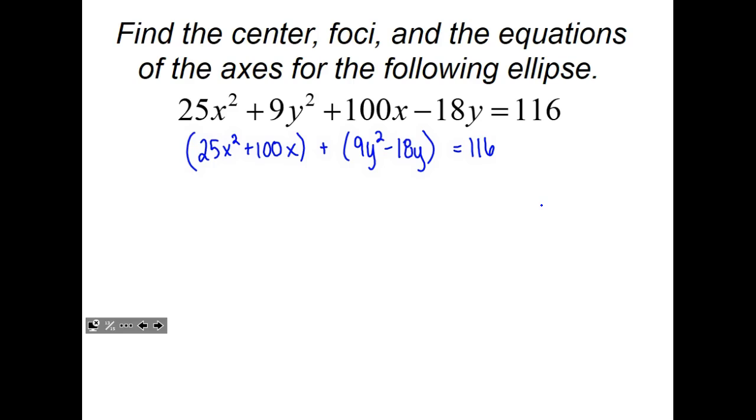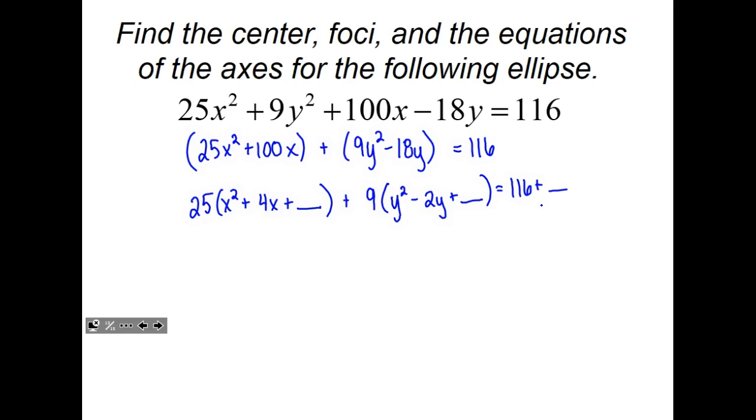So here, I'm going to factor out a 25. I'll have x squared plus 4x plus blank, plus here I'll factor out a 9, so I'll have 9y squared minus 2y plus blank, and that's going to equal 116 plus blank plus blank.